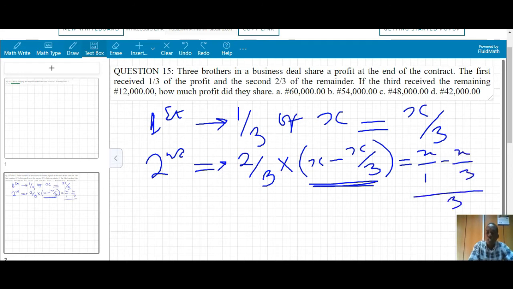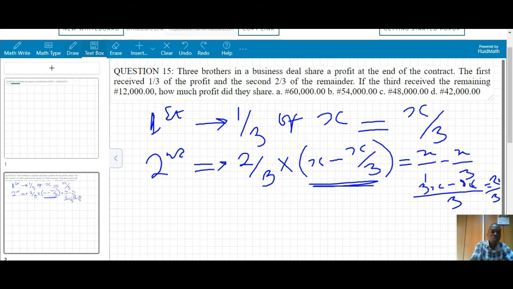This gives 3X minus X over 3, which is 2X over 3.